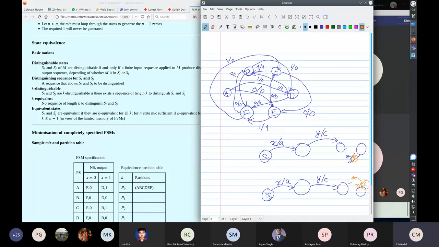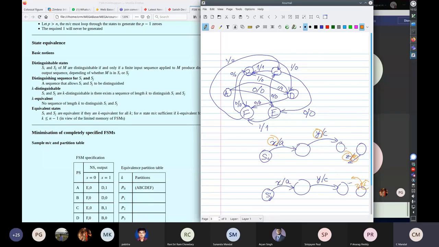So long as you have a finite sequence of inputs which lead to a different output sequence. You are interested in the first place where it differs, because that is enough.